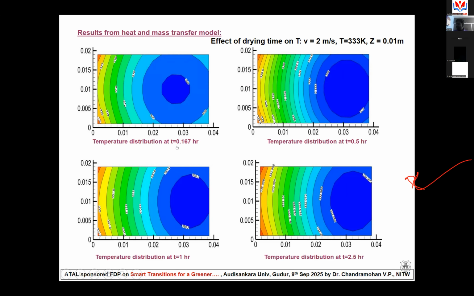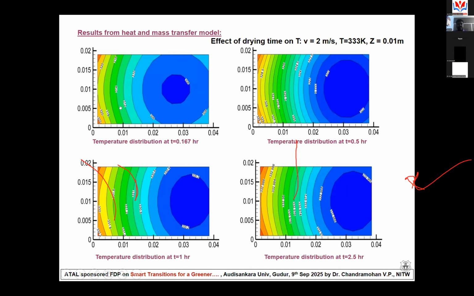This is the temperature distribution for 10 minutes. And 0.5 hour means 30 minutes, then 1 hour, 2.5 hours. These values are taken for a velocity of 2 meters per second, and an air temperature of 60 degrees Celsius. There is a slice at 0.01 meter, that means at the middle of the slice we have used.